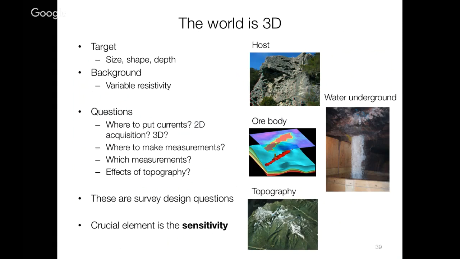And then you have this question like, okay, I'm trying to find maybe an ore body here or something. Where do I put my currents? And where should I make my measurements? Should I make an EX, an EY? What are the effects of topography? Here are your survey design questions. And to think about them, we actually need to think about sensitivity.